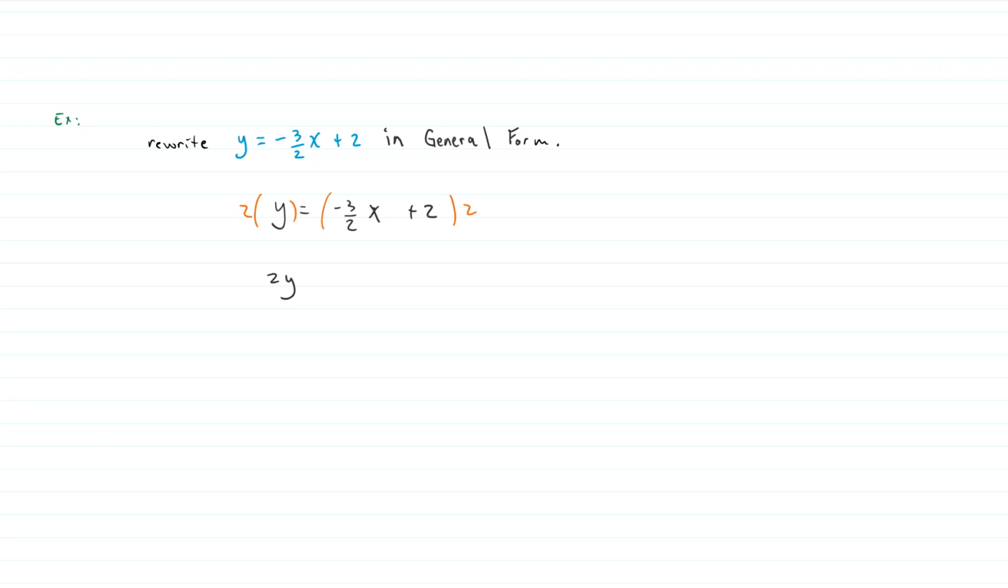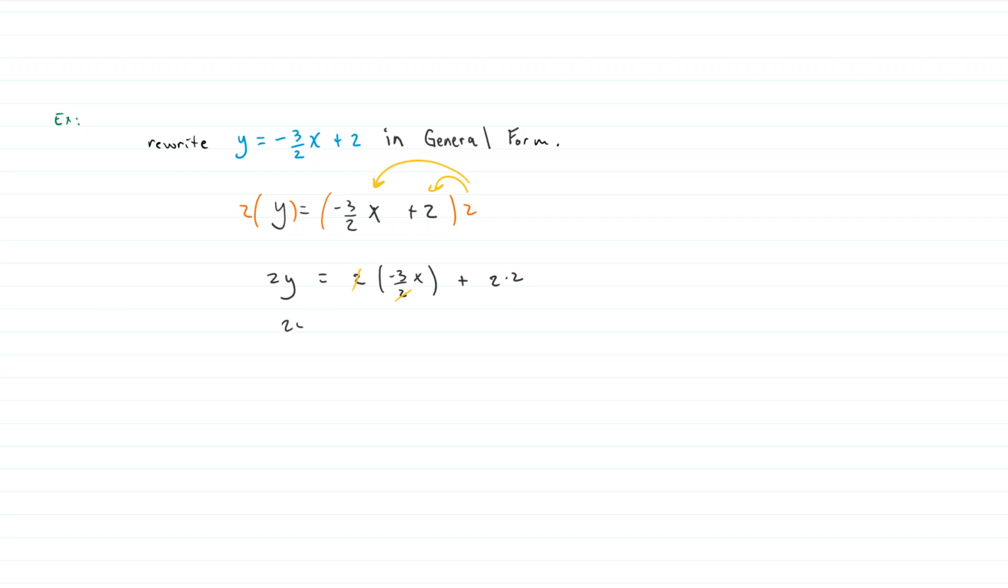So it gives us 2y equals, when the 2 gets multiplied through, we get 2 multiplied by negative 3/2 x, and then plus 2 times 2. The 2's cancel in the first term on the right, and 2 times 2 is 4.